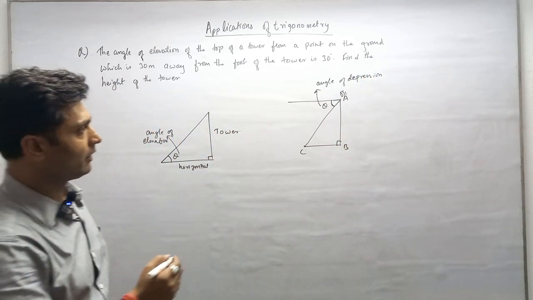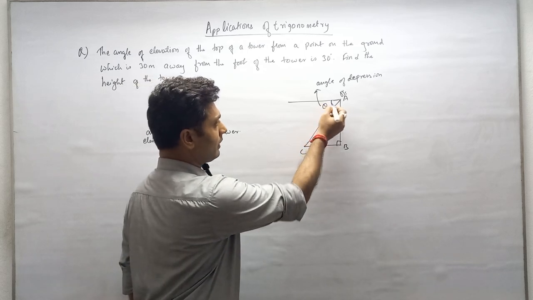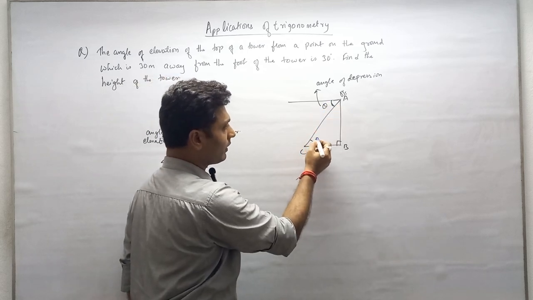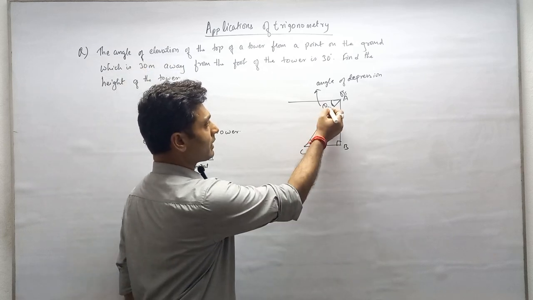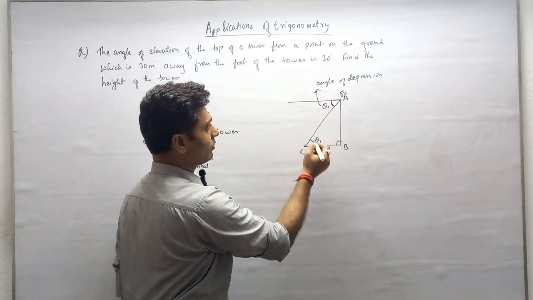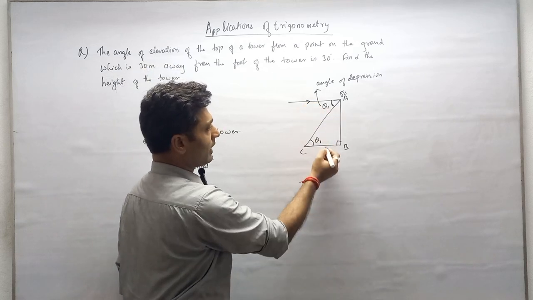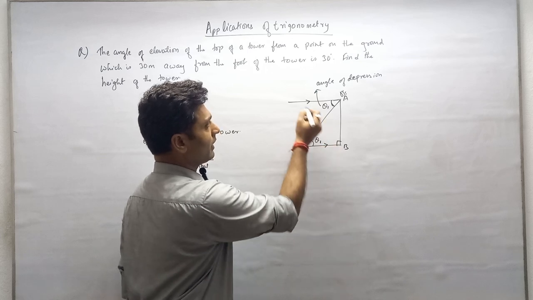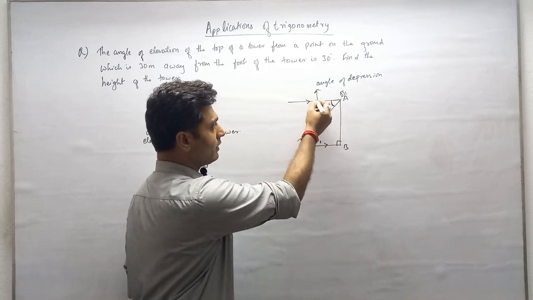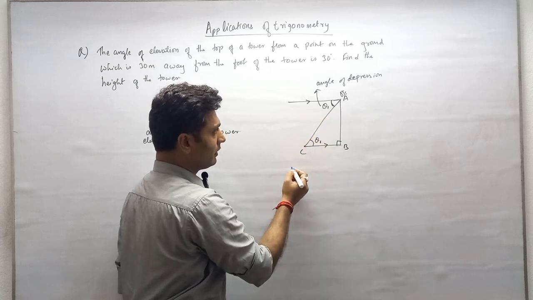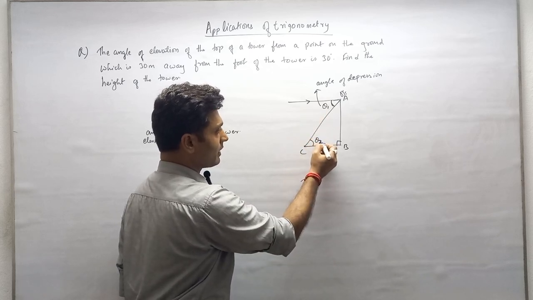But one thing here, this angle and this angle will always be equal to each other. Let me mark these as theta 1 and theta 2. Because these two lines are parallel, this is horizontal, this is also horizontal.